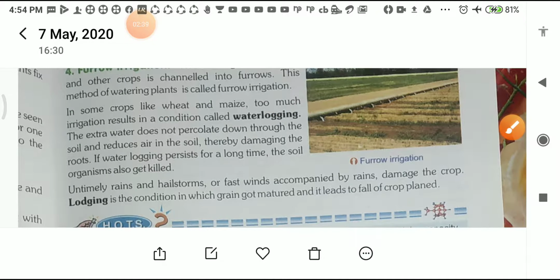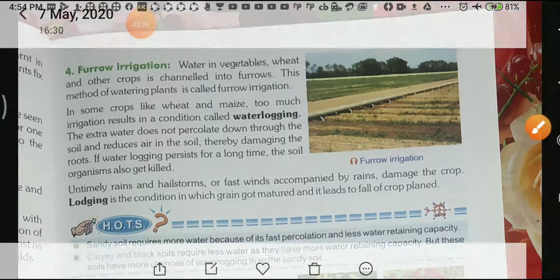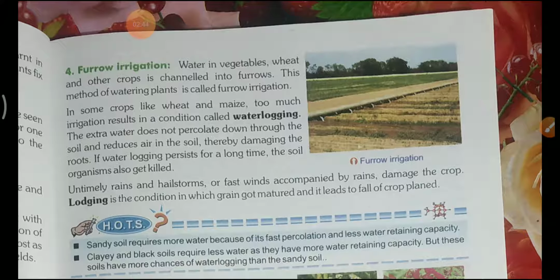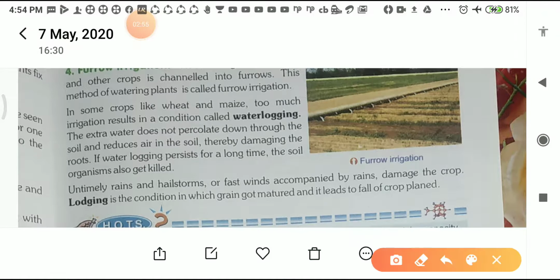Now another point: the extra water does not percolate down through the soil and reduces air in the soil. Yes, we can say these are the demerits also. What are the demerits of waterlogging? Extra water does not percolate.